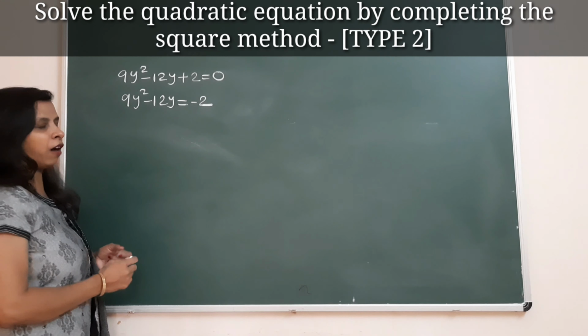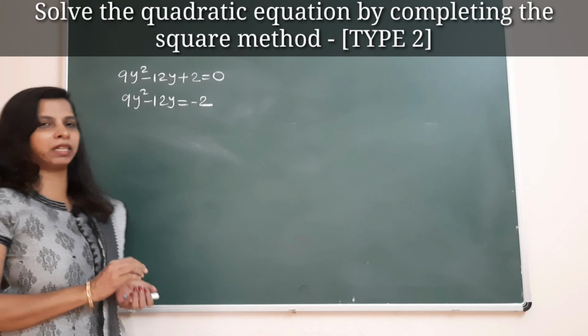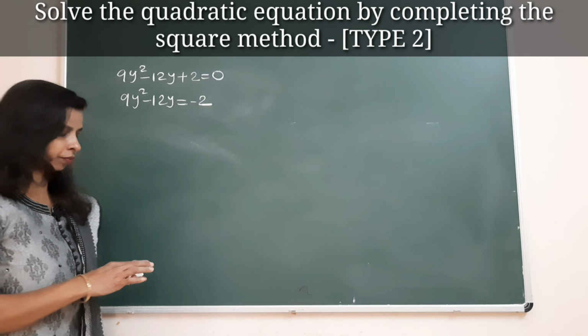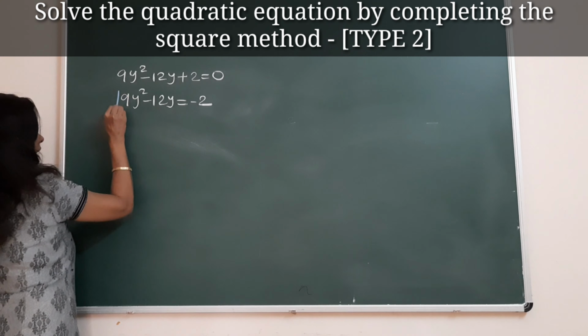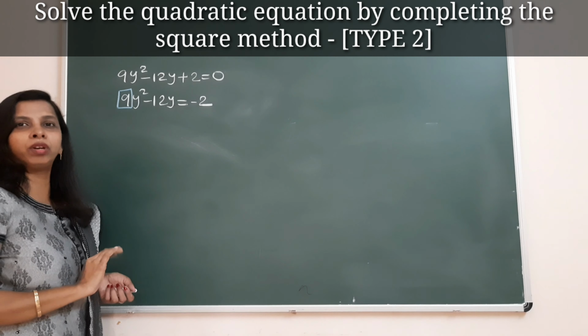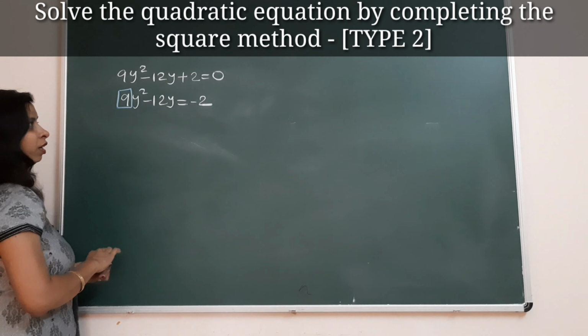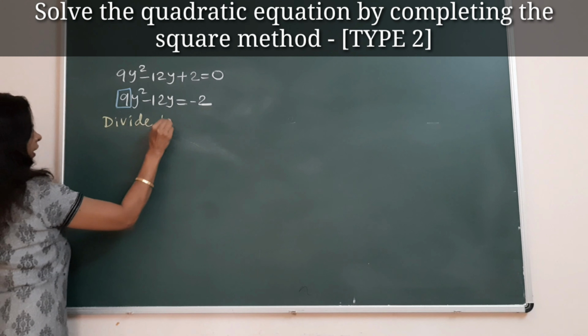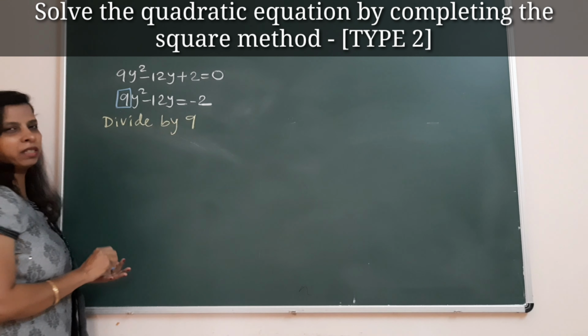Now, why do I consider this under type 2? Because I have this 9 which I need to remove. How can I remove that? Divide by 9.